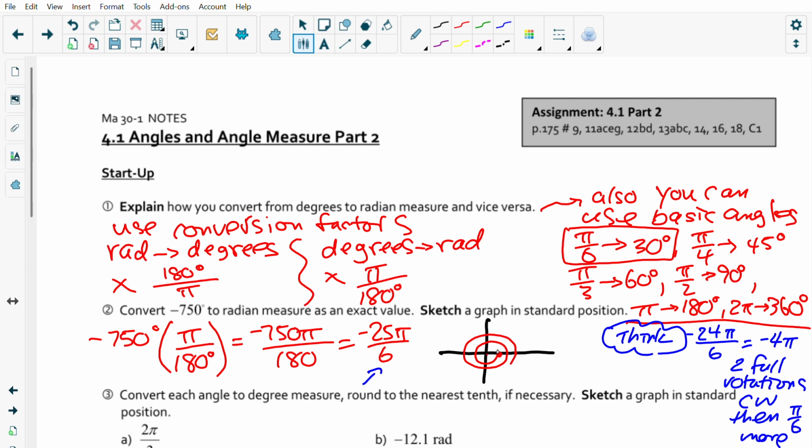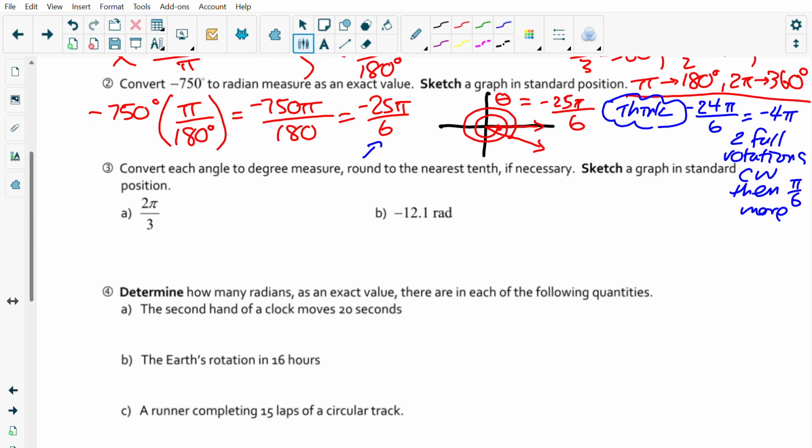Draw your terminal arm right there. That is theta equals negative 25 pi over 6.